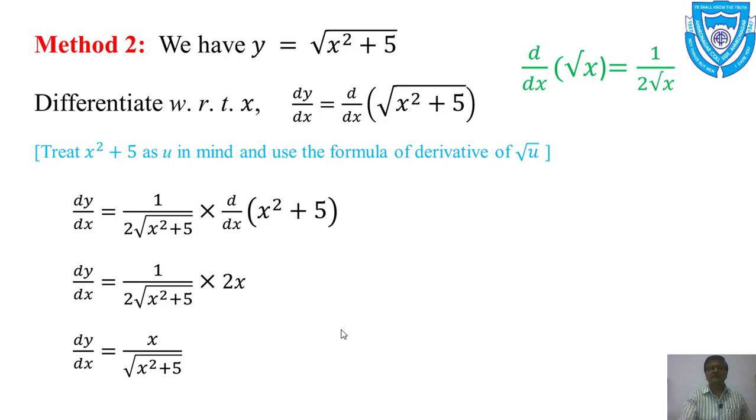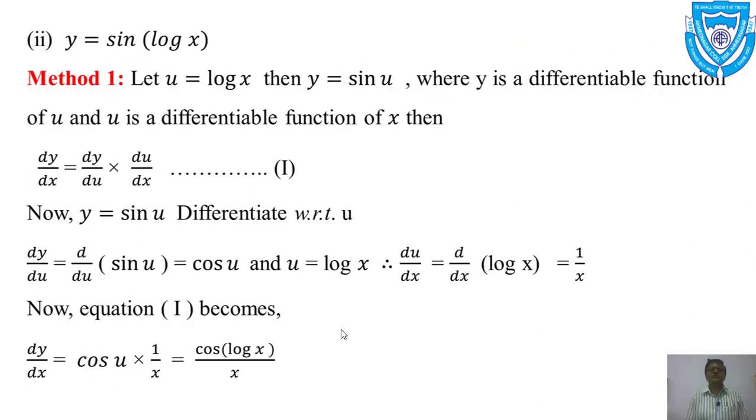Another example, y is equal to sine log x. First method, by denoting log x by u, we get y is equal to sine u, and we have this rule dy by dx is equal to dy by du into du by dx. Now y is equal to sine u.